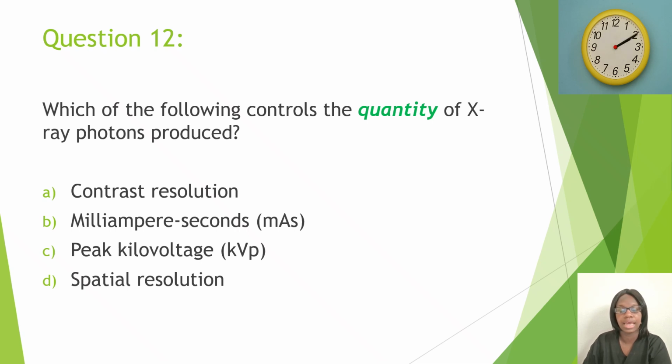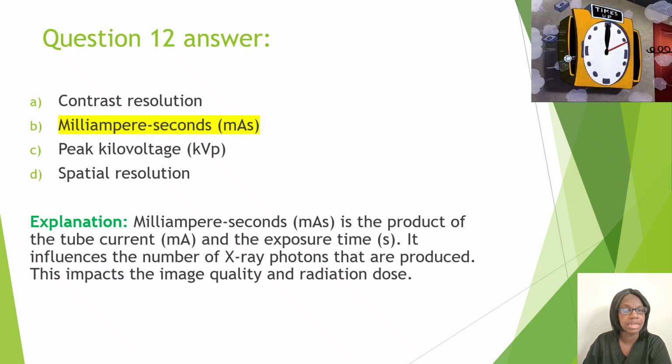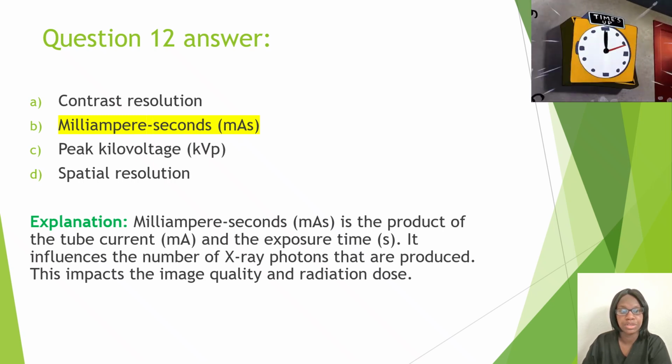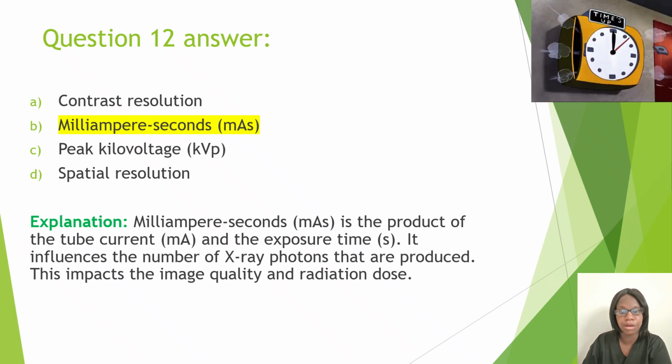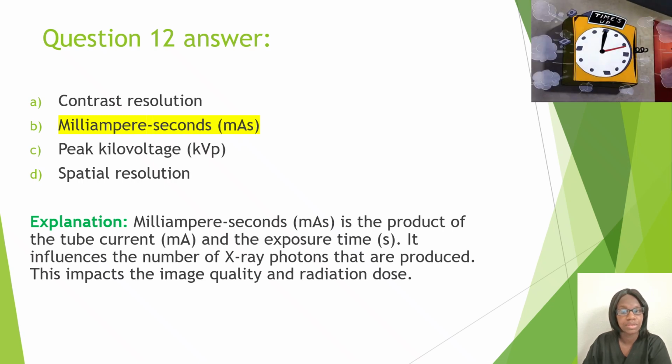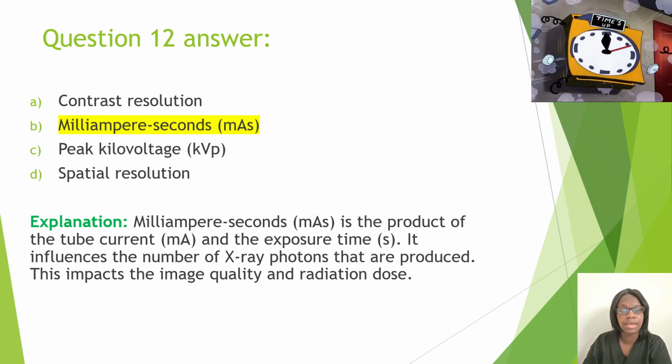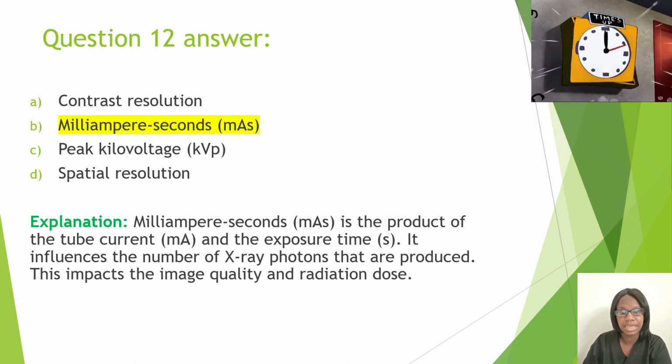All right, the correct answer is milliampere seconds, your mAs. This is the product of the tube current, mA, and the exposure time, S, or seconds. It influences the number of X-ray photons that are produced. This impacts the image quality and radiation dose.